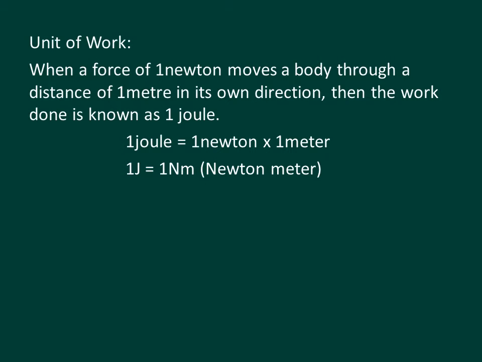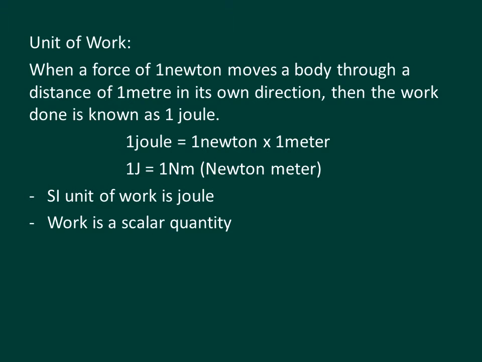J denotes joule, N denotes the force Newton and m denotes the meter. So 1 joule equals 1 Newton meter. The SI unit of work is joule, which is denoted by the letter J. Work is a scalar quantity.